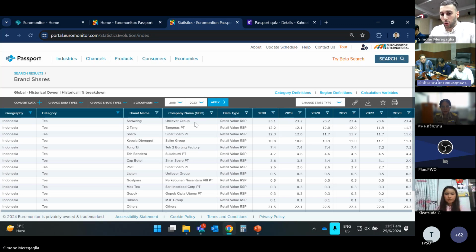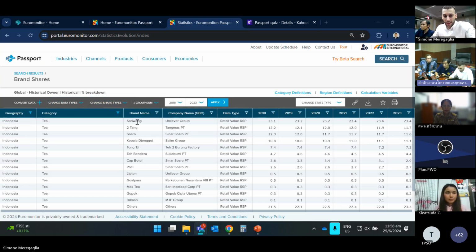GBO means global brand owner. So globally, who is the company that owns that brand? Sometimes in some countries, you will have a local brand owner, which may be different. You can change that as well if you want to look at who is the local brand owner in Indonesia. If it's not Unilever, it may be someone else.